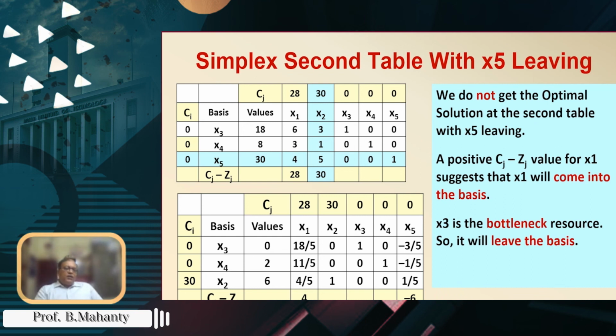Now somebody may be thinking, you have applied Bland's rule, so we got a better result. But that is not correct. Bland's rule only avoids cycling. It so happened that the points are such that we need more iterations with x5 and fewer iterations with x3. Tomorrow in another problem, we might find that if you choose x3 you have more iterations, and if you choose x5 you have fewer.